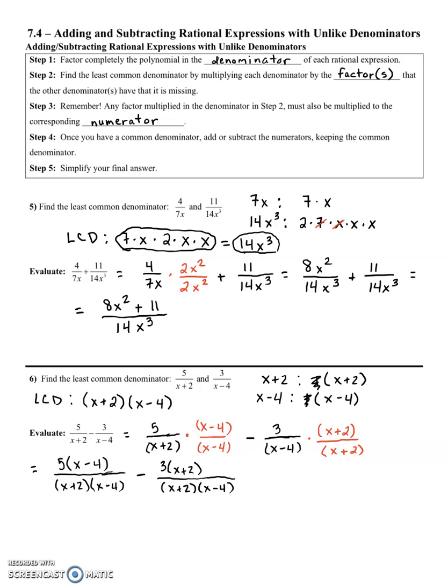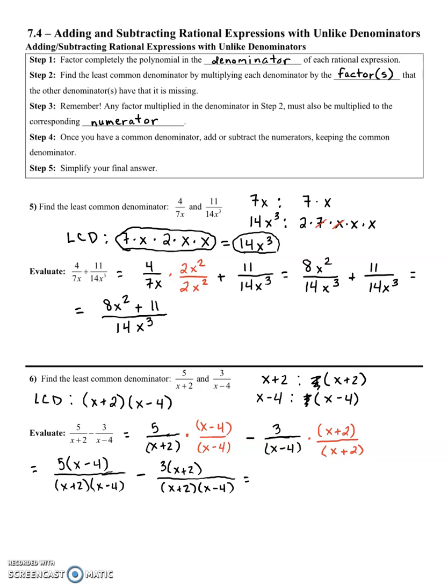Remember, we can multiply two numbers in any order. 3 times 4 is the same thing as 4 times 3, so we can write x plus 2 times x minus 4 or x minus 4 times x plus 2. It's the same thing.